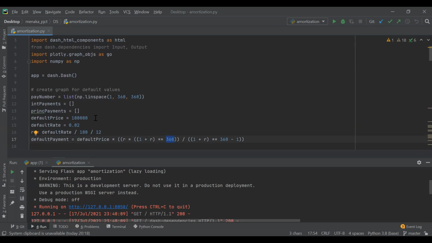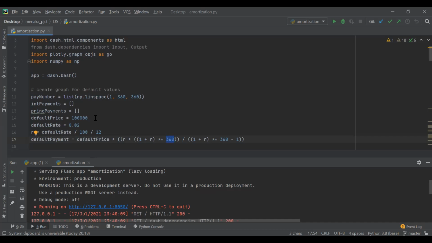But what happens in this case is the interest we need to pay to the bank will be very high. So this is the basic introduction about EMI, which we are dealing with banks.